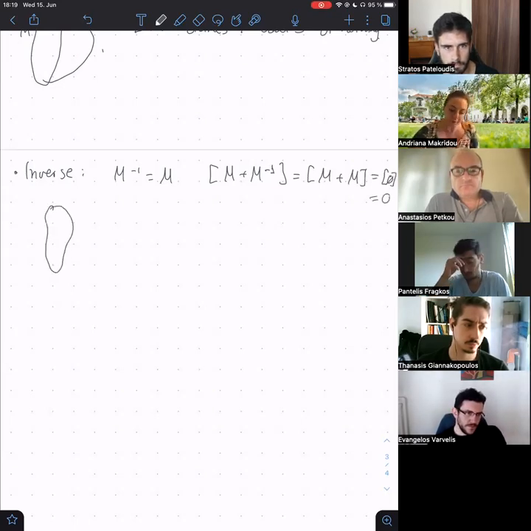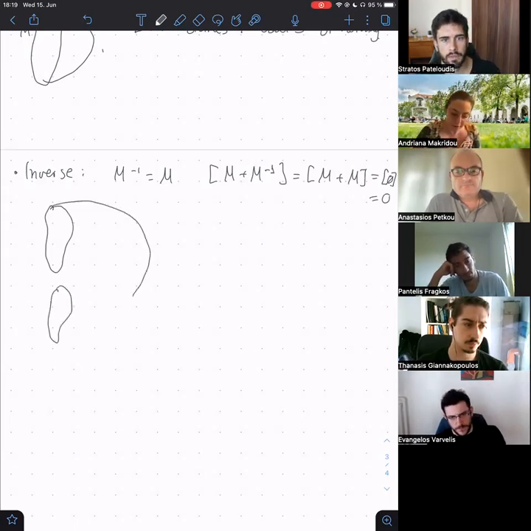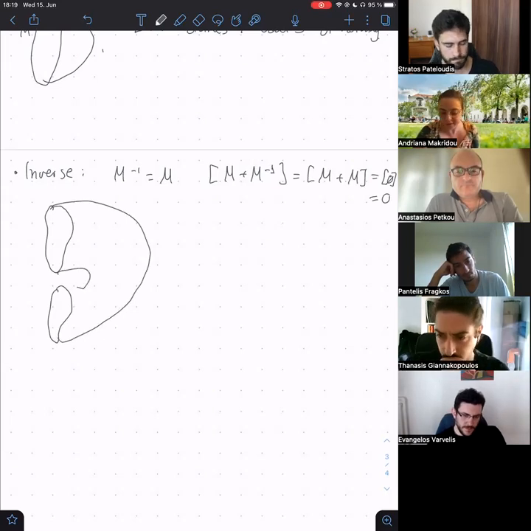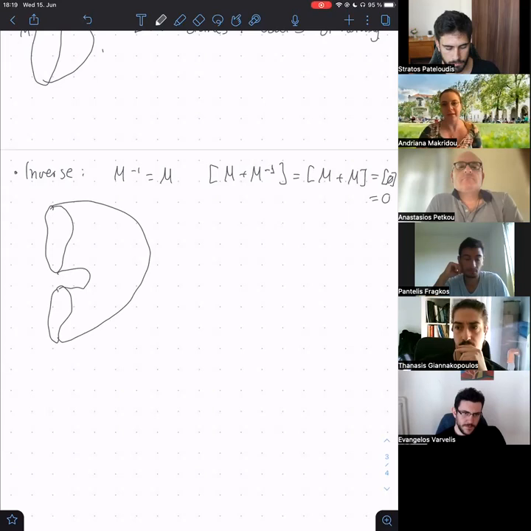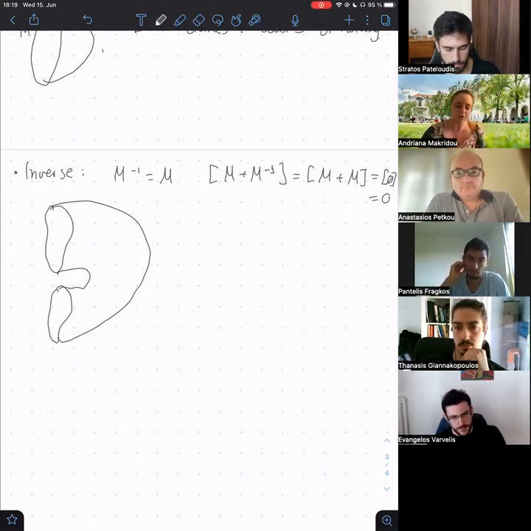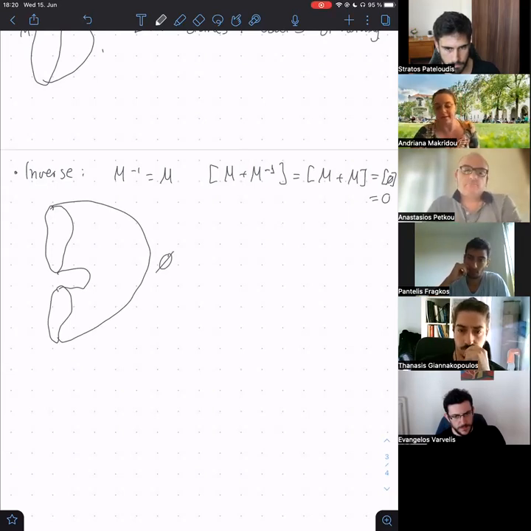One can easily see this because you have this being M, and then you have a second. Effectively, you can always construct a cylinder joining the two copies. You can imagine that as some propagation in time, or not necessarily time. You can construct this type of cylinder, and here there is nothing. So this indeed is the inverse.